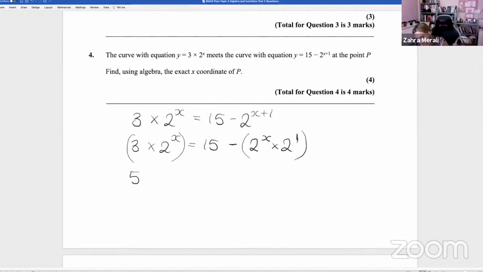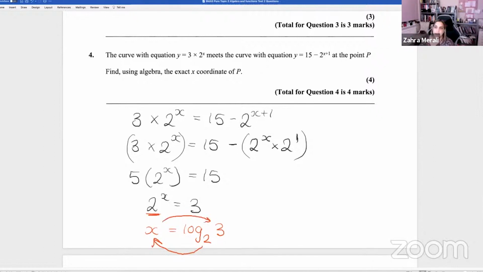So we'll get 5 lots of 2 to the x equals 15. So 2 to the x equals 3. Now remember the thing that's to the power, this is your base. So straight away you can say x is log base 2 of 3. So the way to remember is 2 to the power of something equals that, when you're converting it into logs.